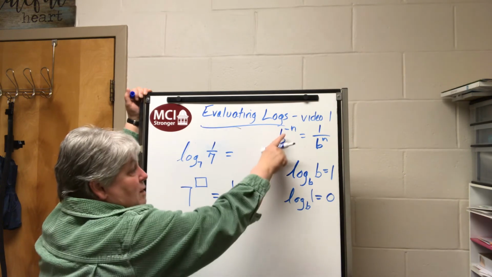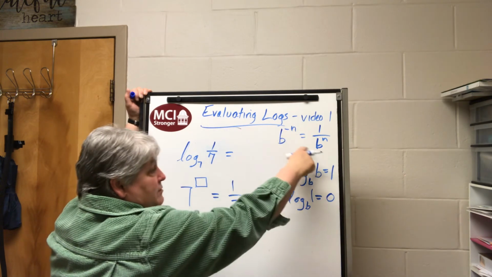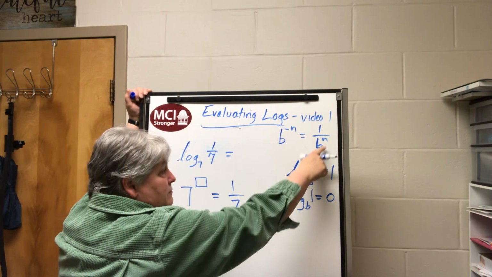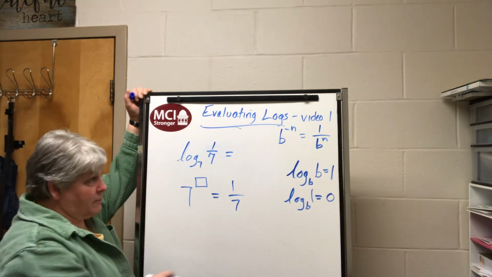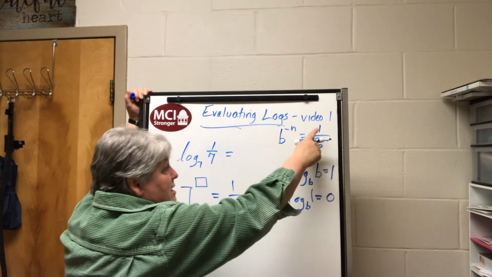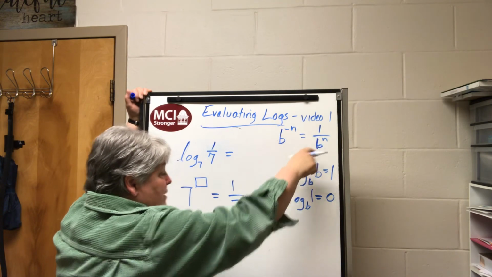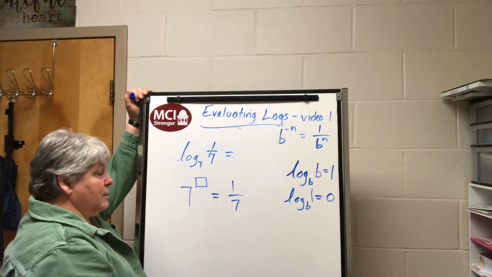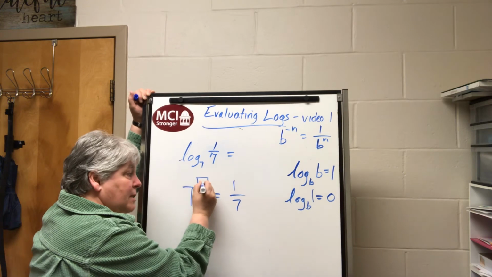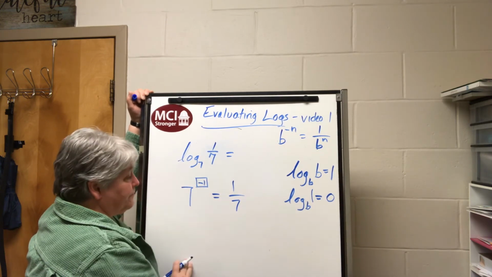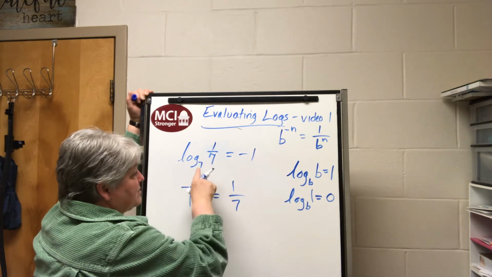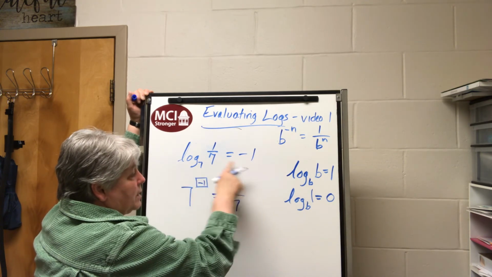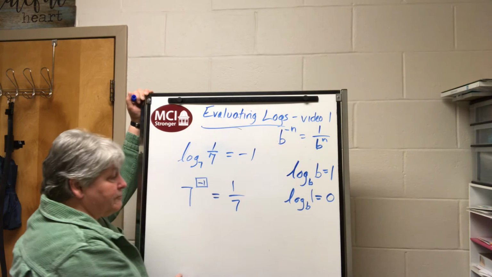So basically, when you have a negative exponent, it brings it underneath 1. The amount of the exponent doesn't change, but the n power is what's underneath, but it's the negative power that brings it downstairs. So the answer here is -1. So the answer to this question is we raise 7 to the -1 power in order to get this.